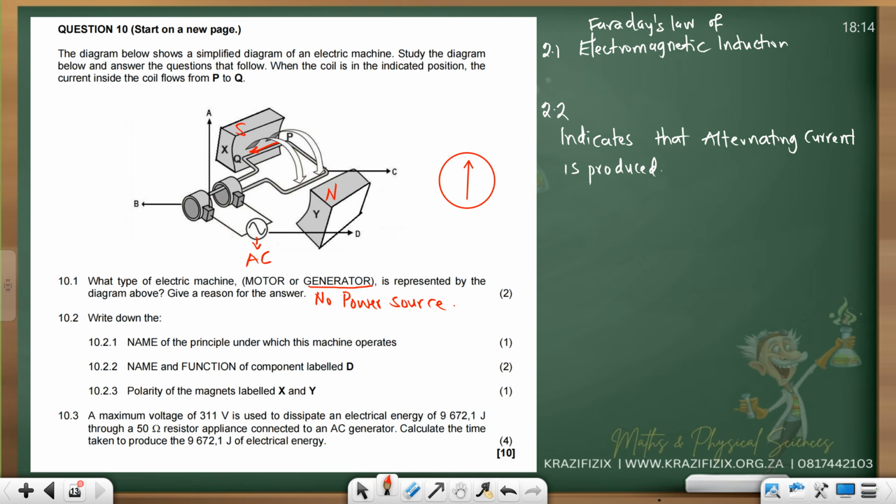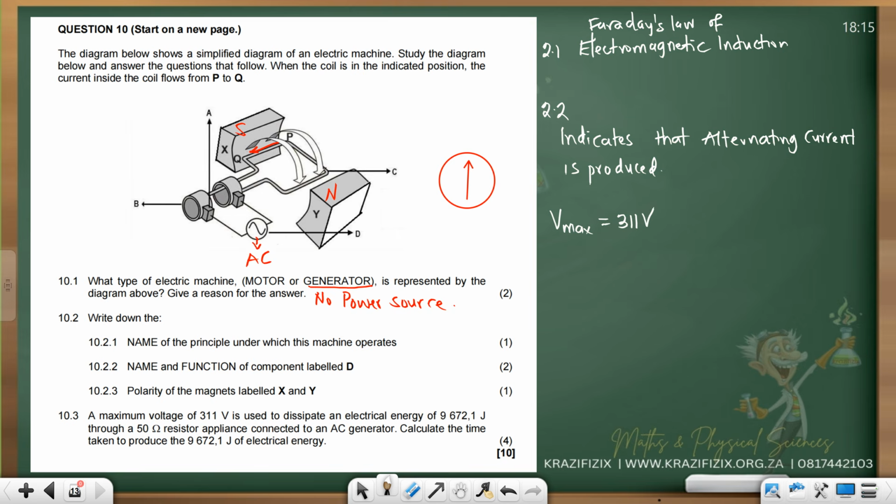Quickly, 10.3. A maximum voltage of 311 is used to dissipate an electrical energy of 9672.1 joules through a 50 ohm resistor appliance connected to an AC generator. Calculate the time. I always like to quickly write what I have. We have Vmax, because I said maximum, 311 volt.